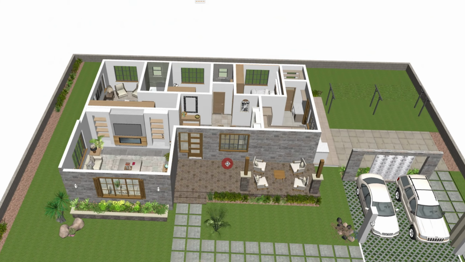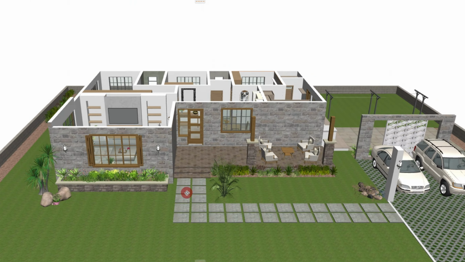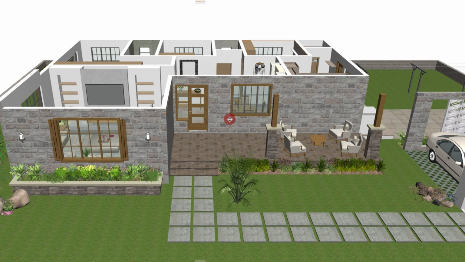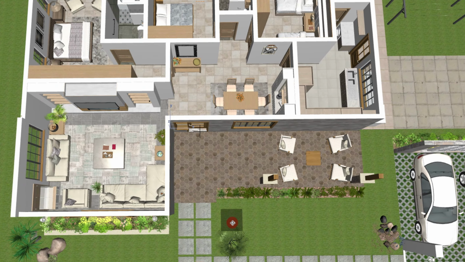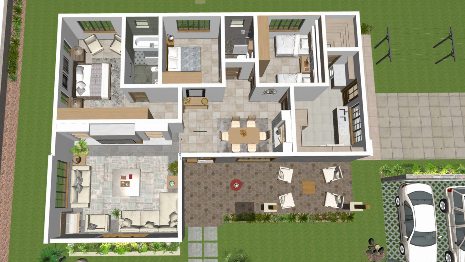So when we get here, this is the front of the house. This is where you enter. You get the porch, and that is the front door. So when we look at the design in totality, once you enter, you have your entry console directly ahead of you where you leave your keys and your shoes down here.